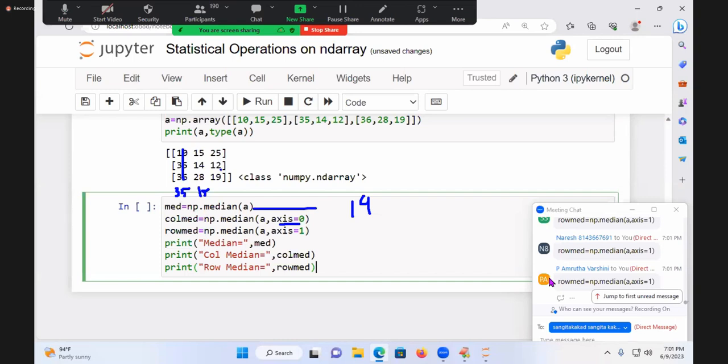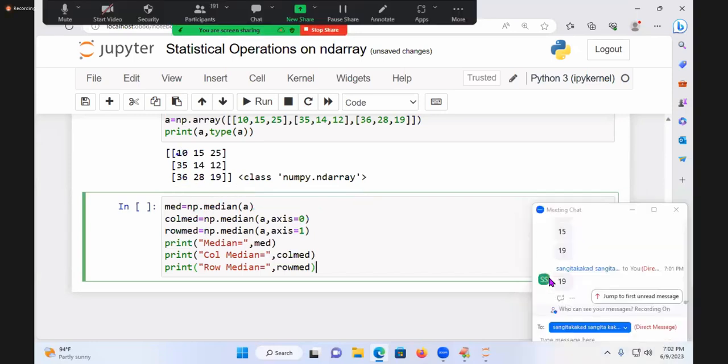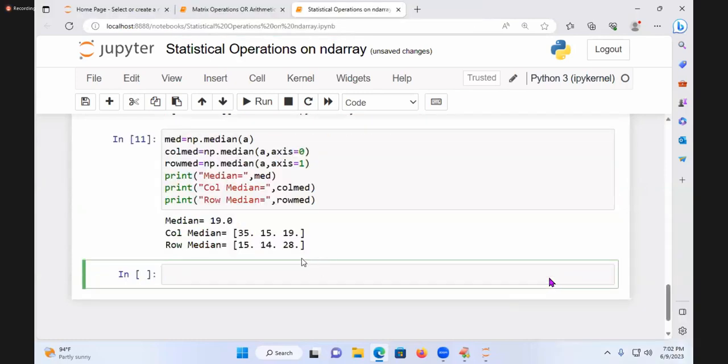Next, 25, 12, 19: 19 is the answer for this part. Row wise, take 10, 15, 25: 15 is the answer. 14 is the answer, and 28. You will get it. See the answer now. So you got the same thing: 19.0, 35.0, 15.0, 19.0, whatever we have done.